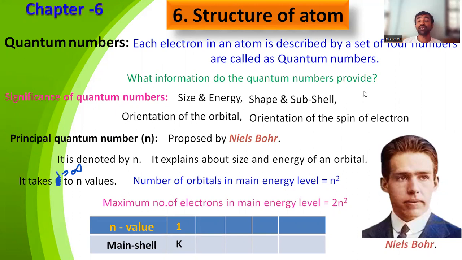If n equal to 2, it is the main shell L. n equal to 3 is M, n equal to 4 is N, and so on: K, L, M, N, O, and so on, as many as your requirement. Is it clear about the principal quantum number? Everyone, just give me your response.